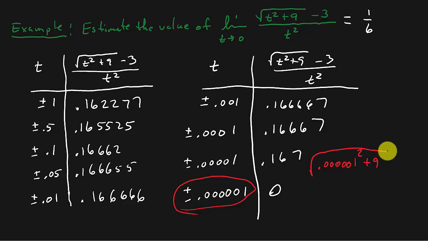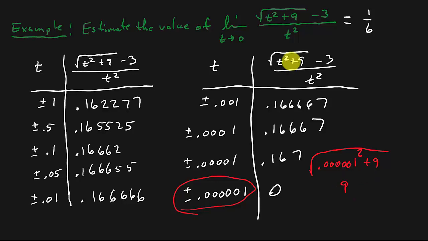You're taking the square root of that, okay? And when you plug this into your calculator, let me do that real quick. Okay, so when I plug that into my calculator, I put in 0.000001 squared plus 9, and my calculator returns 9 as an answer.